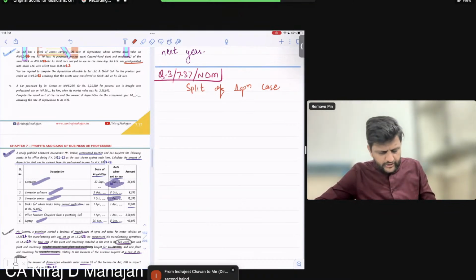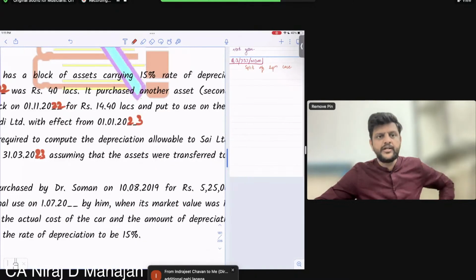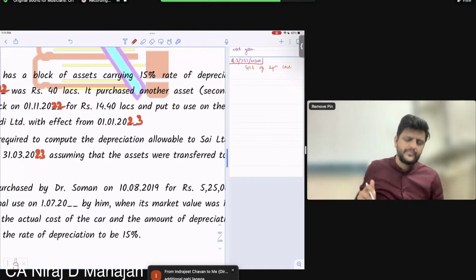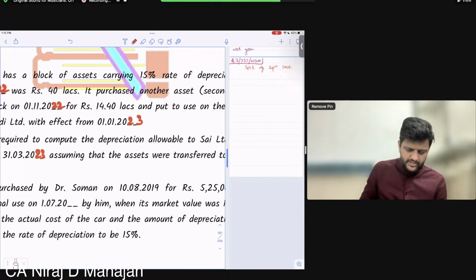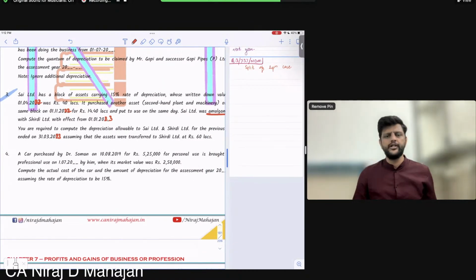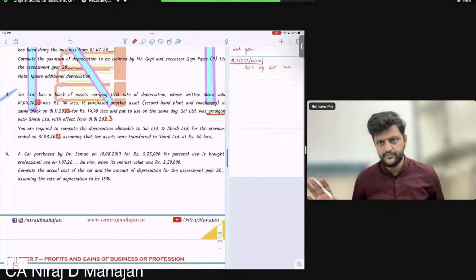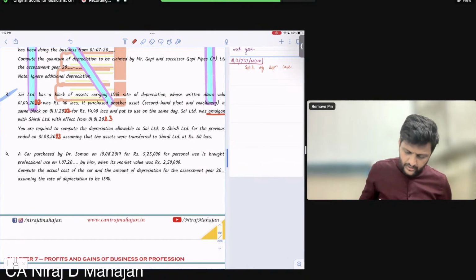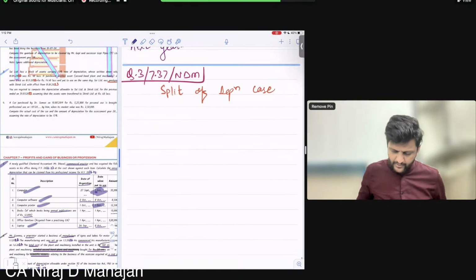If you look in the question, purchase was done in November, amalgamation was in January. Basically, the purchase was before amalgamation. Who did the purchase, Sai Limited or Shirdi Limited? Sai Limited, because it was before amalgamation. Chalo. Write down a timeline quickly.